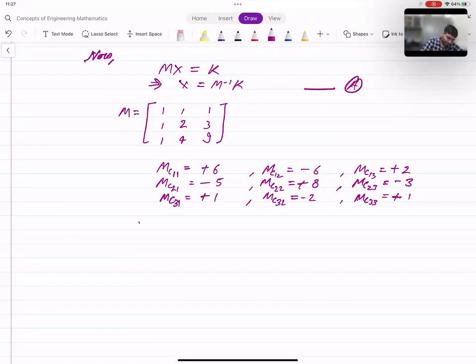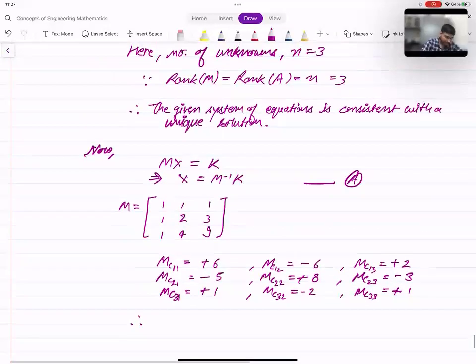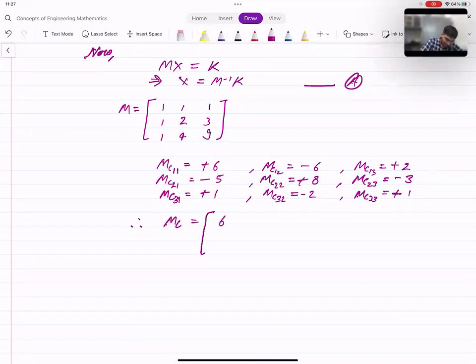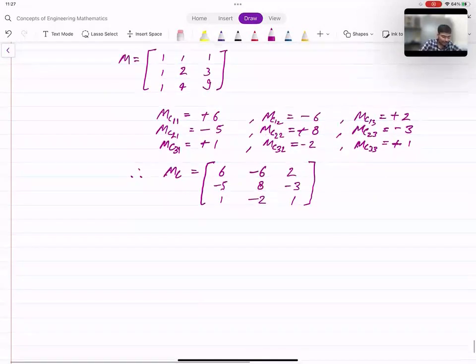So therefore, the cofactor matrix of M is given as MC. This is nothing but 6, -6, 2, then -5, 8, -3, and then 1, -2, 1. So this gives us the cofactor matrix of M. Now to find the adjoint, we need to take the transpose of this matrix.